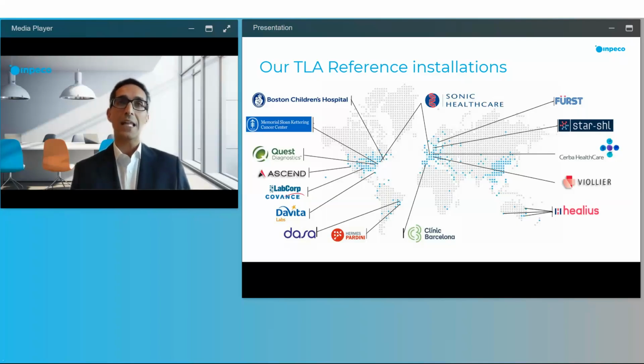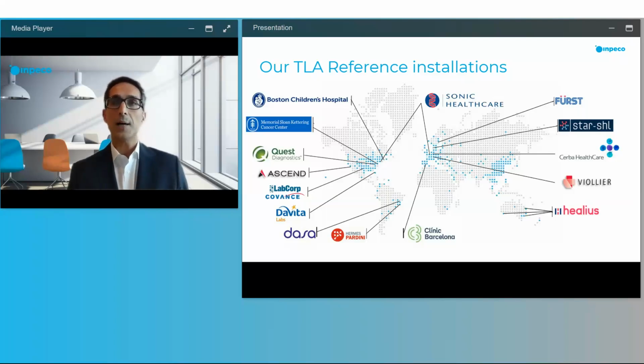We are talking about a lab that has the record of almost 200,000 tubes processed in 24 hours in full automation. So this means from check-in to storage, and they have large storage for over 1.3 million samples, everything in full automation, which obviously makes us very proud.